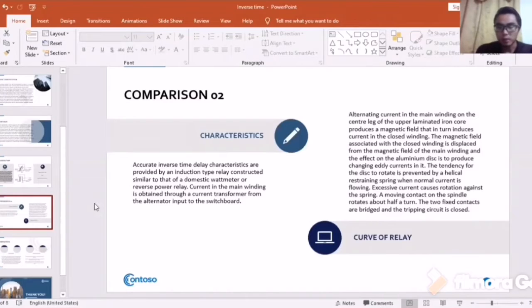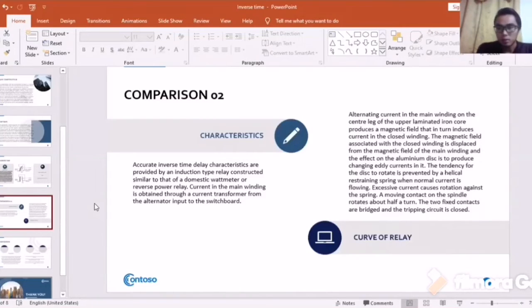Okay, curve of relay. Alternating current in the main winding on the center leg of the upper laminated iron core produces a magnetic field that in turn induces current in the closed winding. The magnetic field of the closed winding is displaced from the magnetic field of the main winding, and the effect on the aluminium disk is to produce changing eddy current in it.